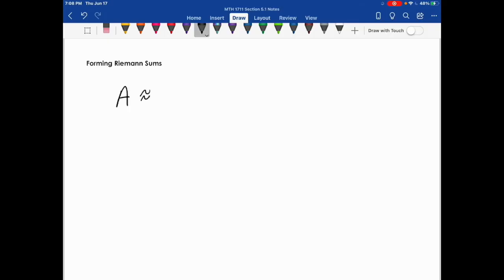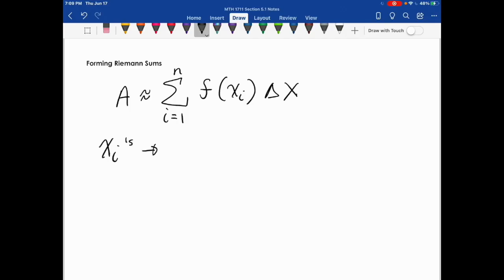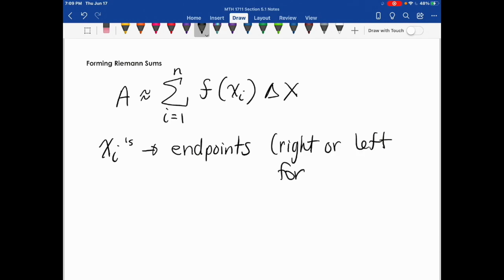So now, when we use our summation notation to add up the area of each of those rectangles, we get that the area is going to be approximately the sum from i equals 1 to n of f of xi times delta x. So the xi's are the endpoints, either right or left, for the rectangle.